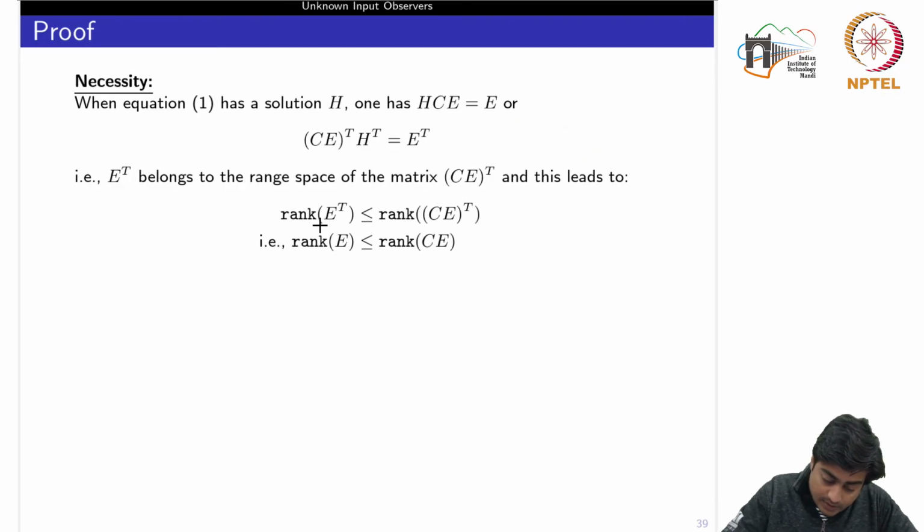And this leads to the rank of this E transpose matrix, or the rank of Y bar, being less than or equal to the rank of this A bar, right? Now this inequality would also hold if I take the transpose on both sides, that is to say the rank of E is less than or equal to the rank of CE.